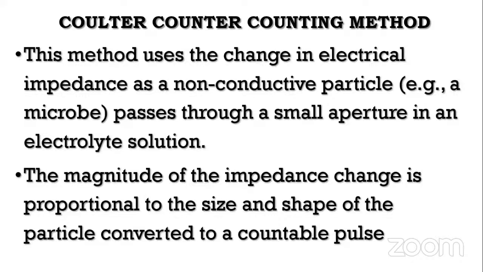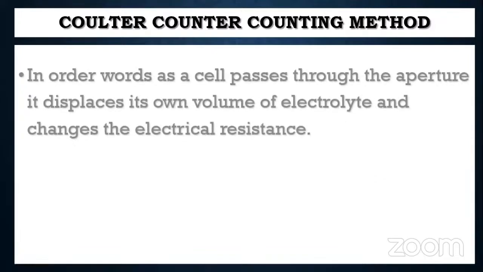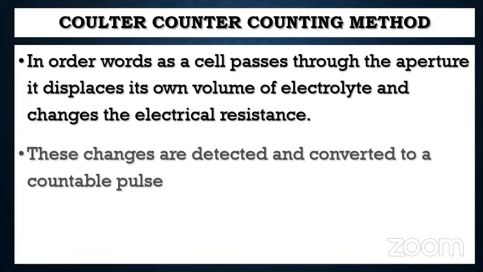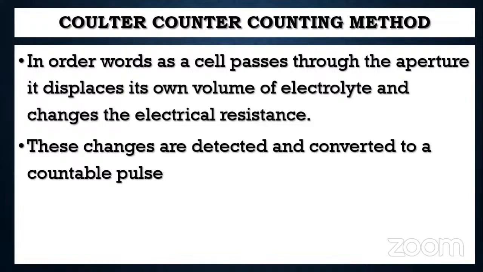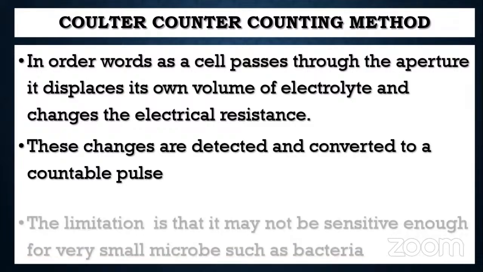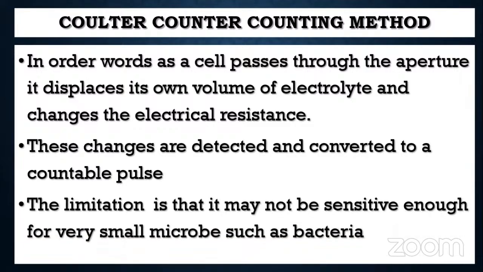In other words, when a cell passes through the aperture, it displaces its own volume of electrolyte, changing the electrical resistance. These changes are detected, converted to a countable pulse, and recorded as viability and growth of the microbial cell being analyzed.